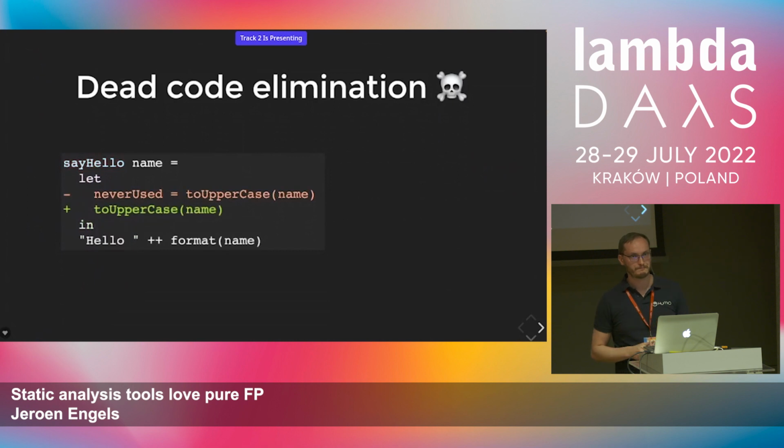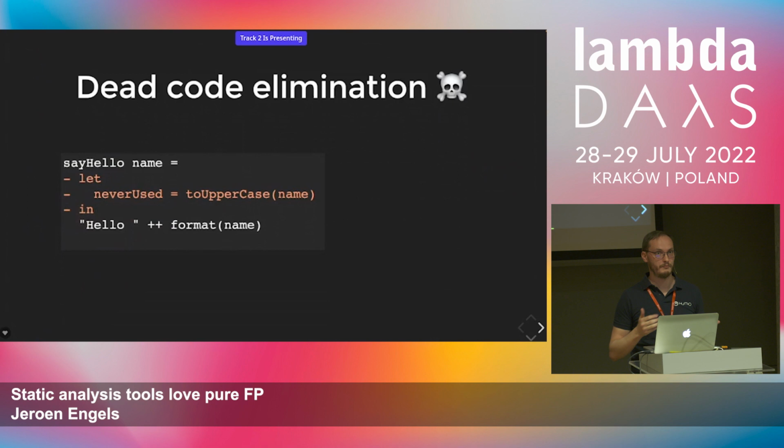So let's remove it. But we can only remove the assignment, the to uppercase. We can't remove to uppercase because that might have side effects. So we can only remove the assignment to never used. But if we know that we don't have any side effects in our language, we can remove both the variable and the computation. And that is very easy to do.